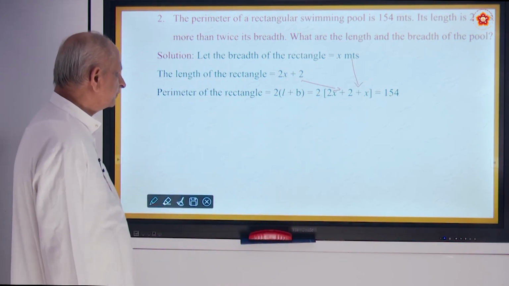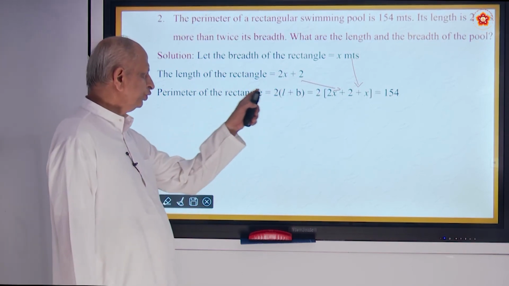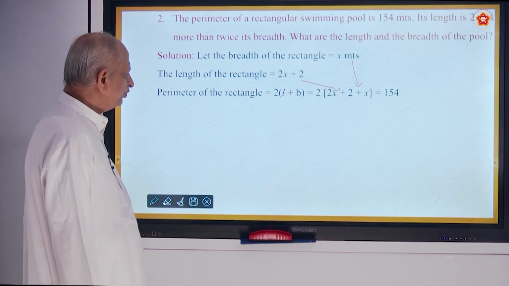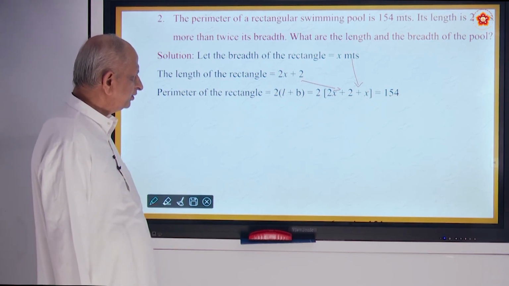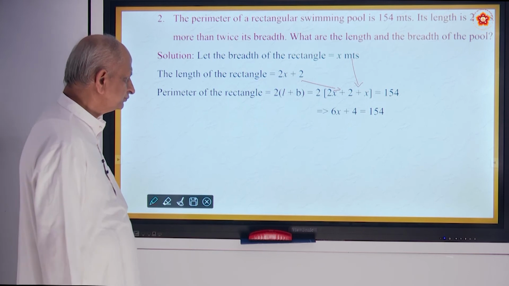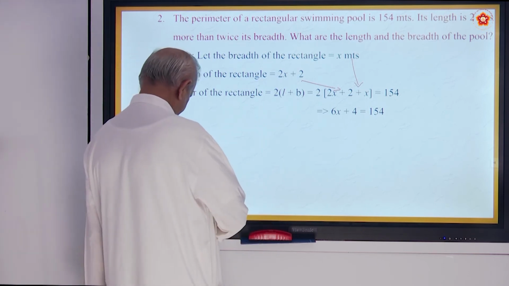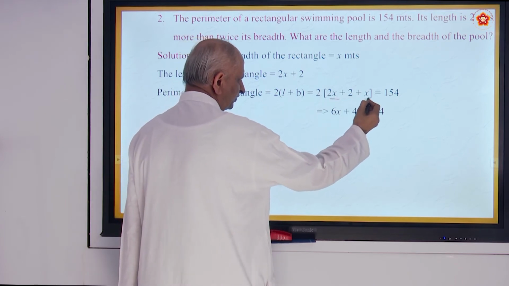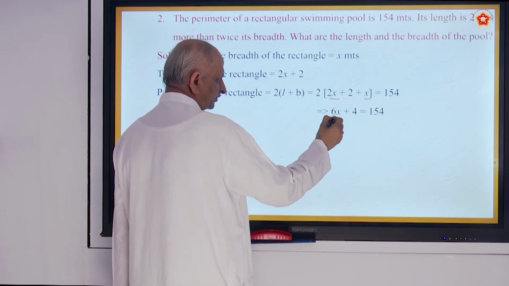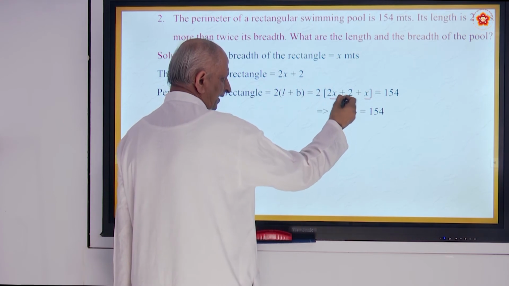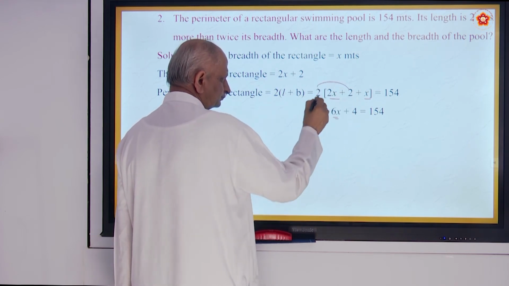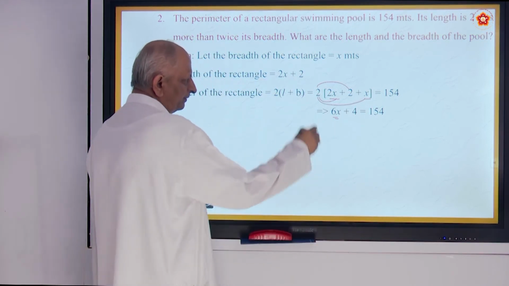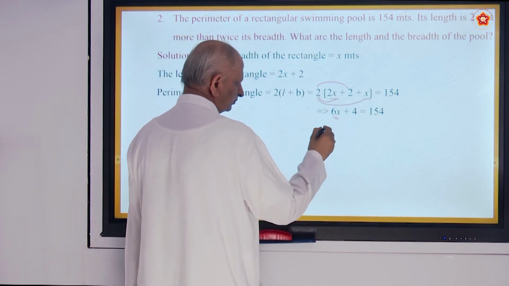So, perimeter becomes 2 into (L plus B) is equal to 154. Now, using this equation, you have to solve. Now, if you remove the bracket, see here 2x plus x becomes 3x, 2 into 3x becomes 6x, plus 2 2s are 4, 2 into 2 is 4. 6x plus 4 is equal to 154.